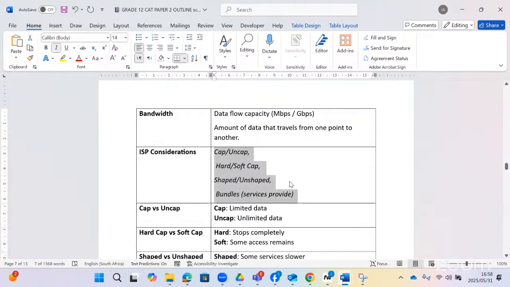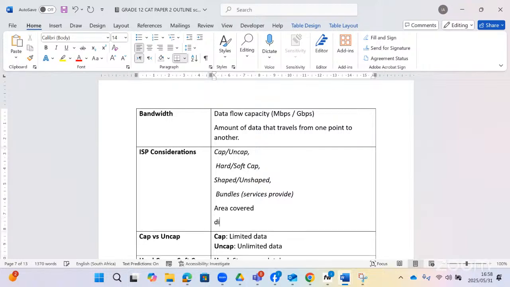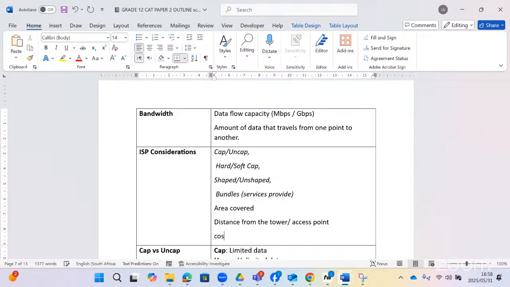Sometimes the memo picks these as one. And then again, you must also consider the coverage area, or the distance from the tower or access point. You must also consider, of course, the cost.